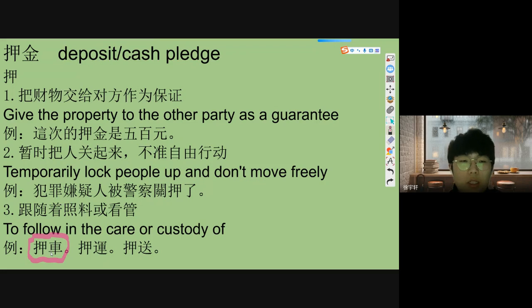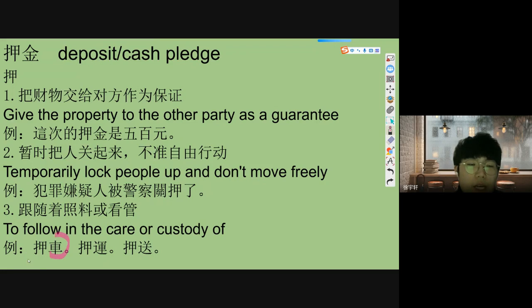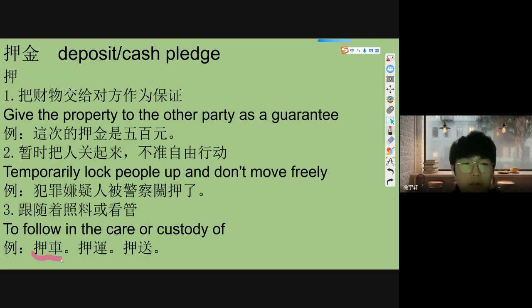You need to guarantee its safety. Is it good to understand? 押 means follow and take care of something. Like follow the car or take care of the car. Yes. To follow and take care of the car.